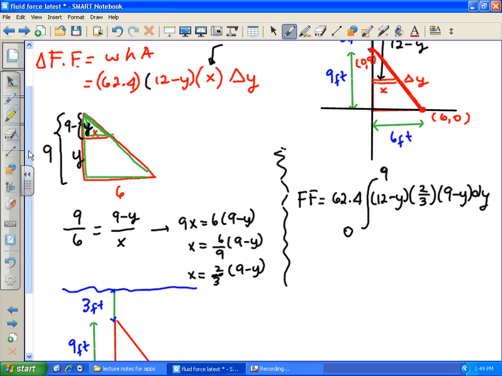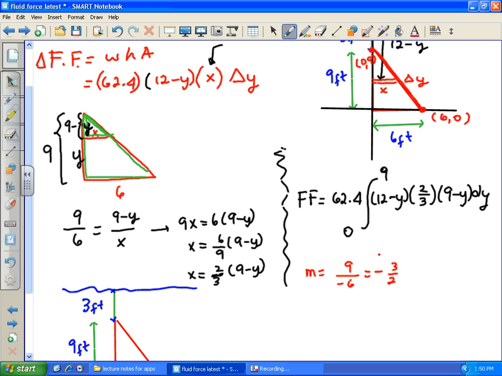So if you're going to do it that way, you need to get the slope. So 9 minus 0 is 9, divided by 0 minus 6 is negative 6, which is negative 3/2. And then I could pick any one of those 2 points.